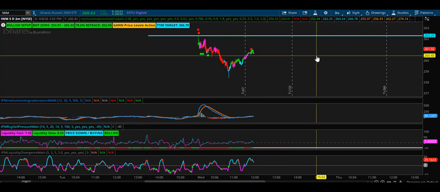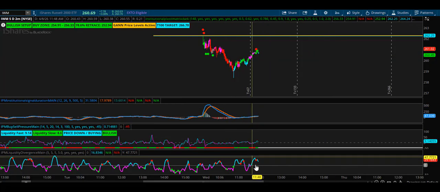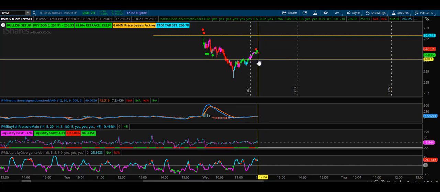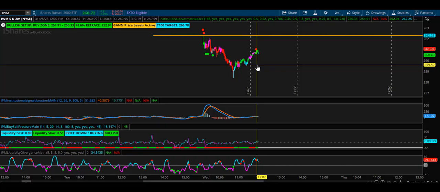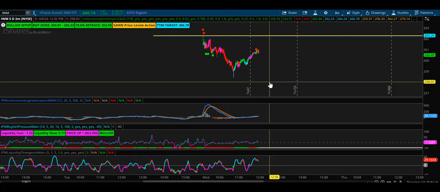Like I said, a lot of the stuff I do is not rocket science and it's not voodoo. It's simply looking at what the institutions are doing, and that's why I'm saying I would not be surprised to see a pullback down to the 260, possibly even down to the 259.60. And from there, if it keeps going, we already have the 259 puts, so we're going to make money on that.